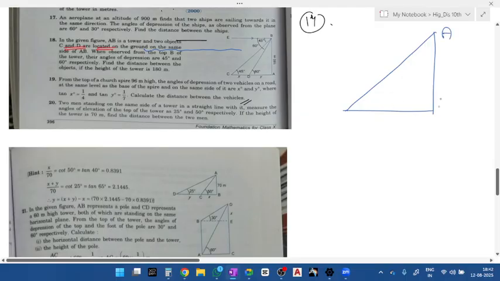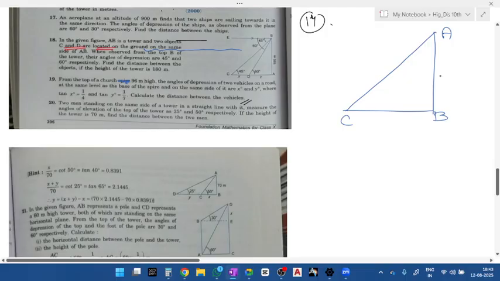Now you tell me, Trisha. I'll write it as A, B, C. Read the first line: from the top of a church spire, 96 meters high. Which one is the church then? Which one do you think is the height of the church? AB, right?